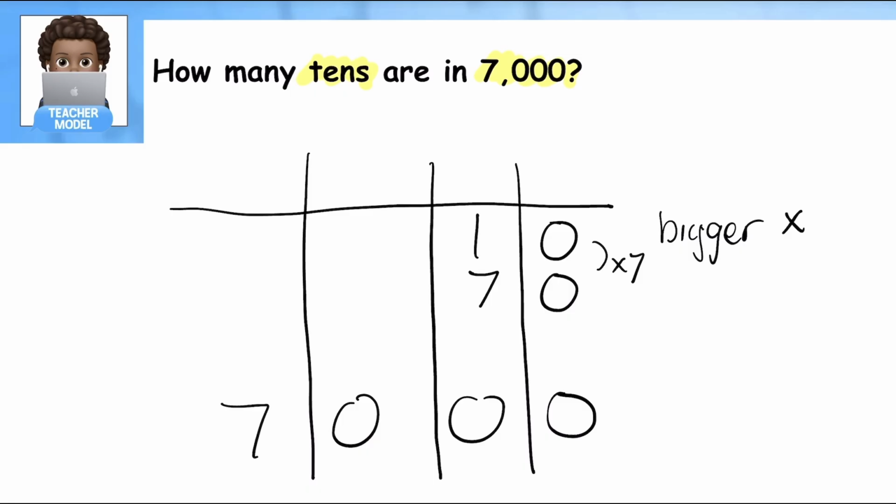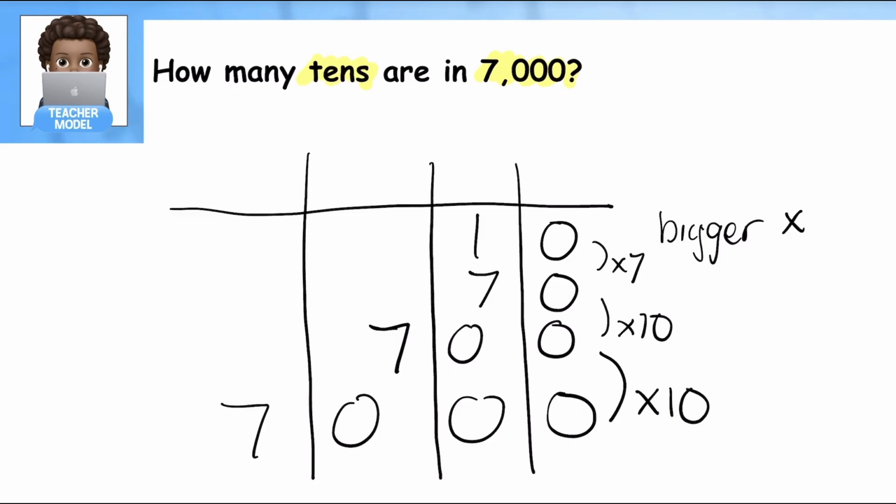Now I can see it differently. So I can think of, well, what if I just multiplied it by 10? That's just adding a 0. I would get to 700. And then from 700 to get to 1,000, I would also just multiply by 10 again. So how many times did I multiply 10? So I have 10 times 10 times 7. 10 times 10 is 100, and 100 times 7 is 700.